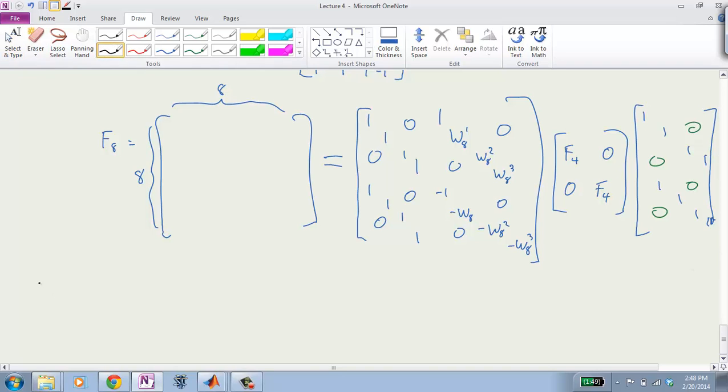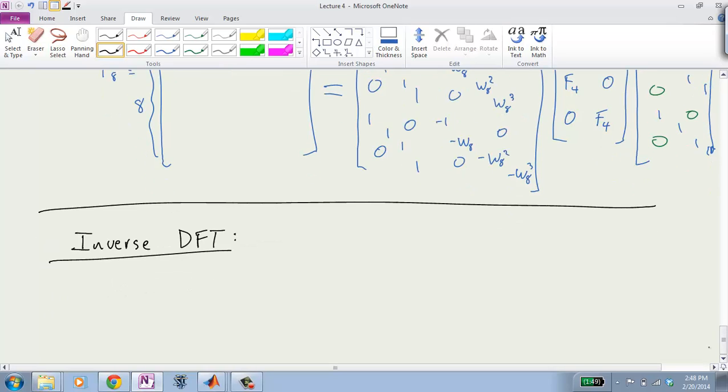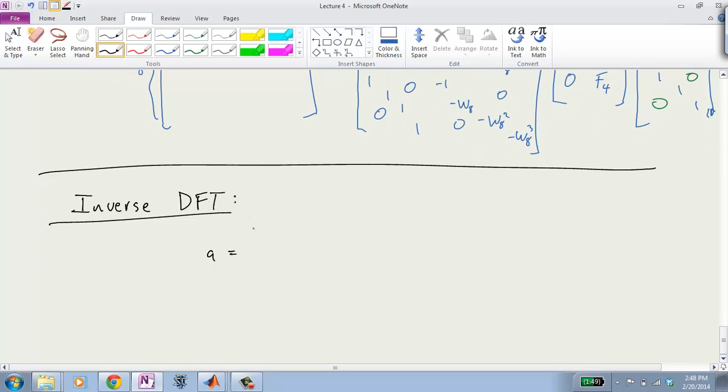Last thing. Inverse DFT. Again, we can look at the formula for the inverse DFT, and we notice that A equals, again, a matrix times x, and it's just going to be the following again: Wn0, Wn0, Wn1.